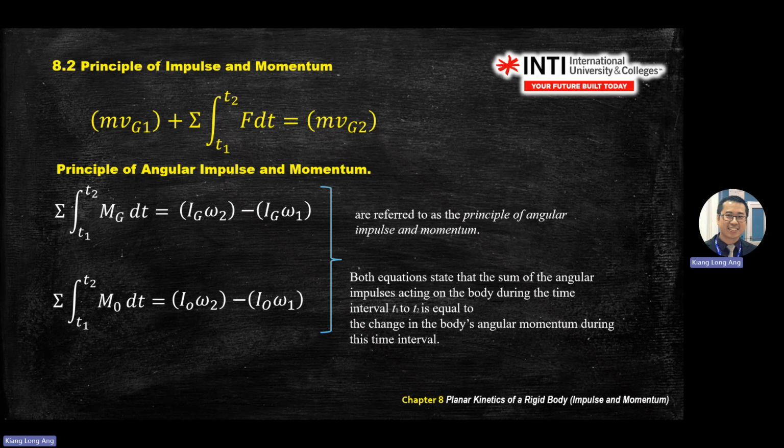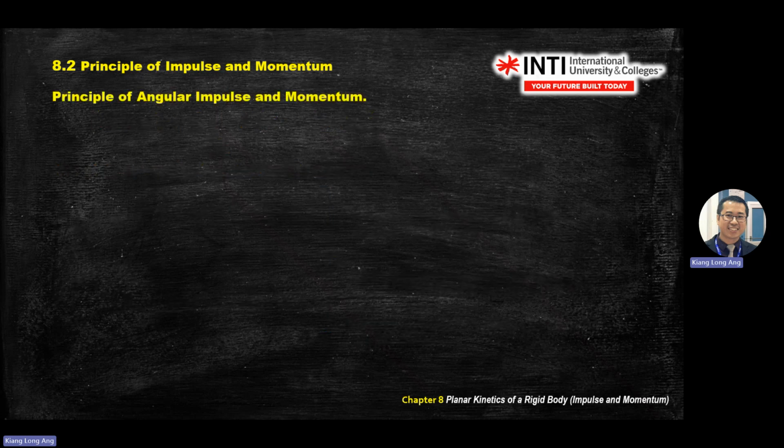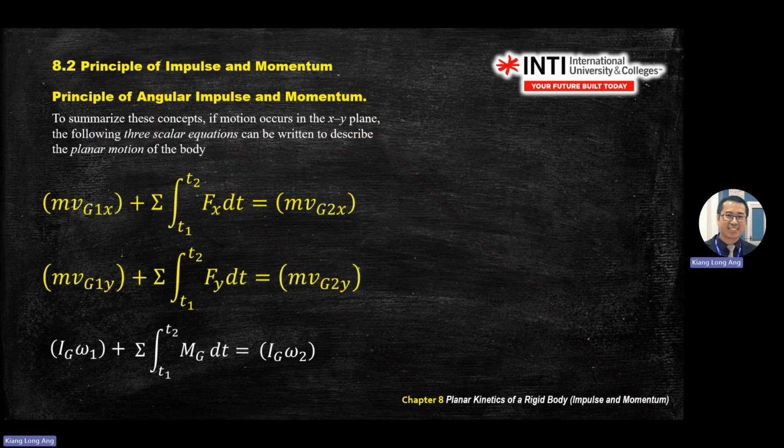So this, what you read, it's very clear on the screen here. Okay. Now to summarize, what you need to use to solve for your test 2 question 2 or final exam question, you need to use momentum plus impulse equal to momentum.